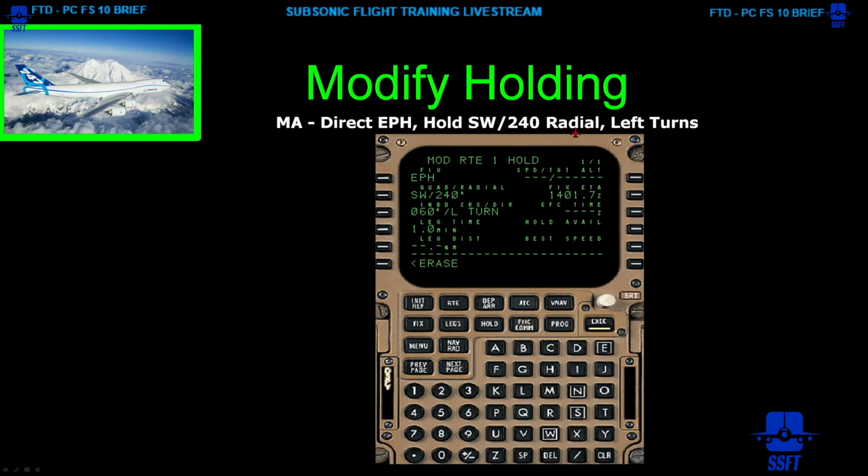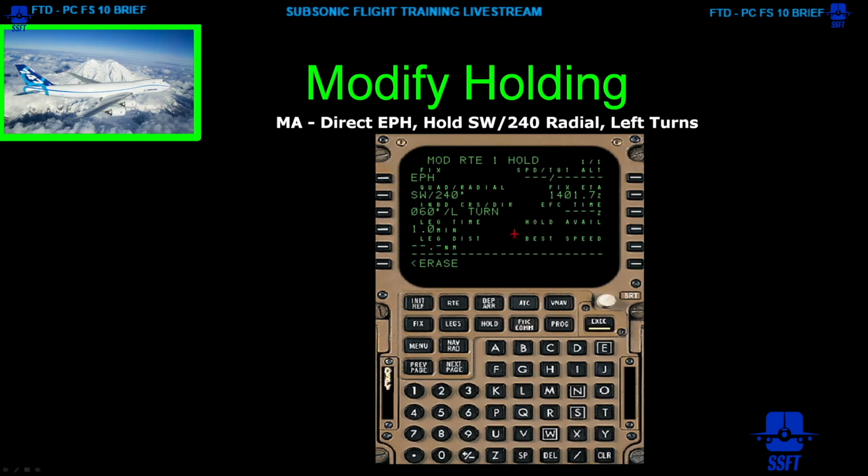Well, if it's given to you as a radial at a VOR, what's easiest is to put it in as a radial. So he gave us the clearance, hold southwest on the 240 radial, left turns. So the easiest thing to do here is just to type out 240, put it in the radial line, and then let the computer figure out the quadrant and let the computer figure out the inbound course. It does all that for you.